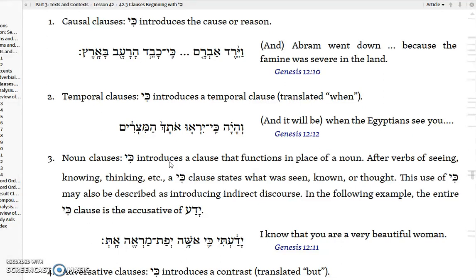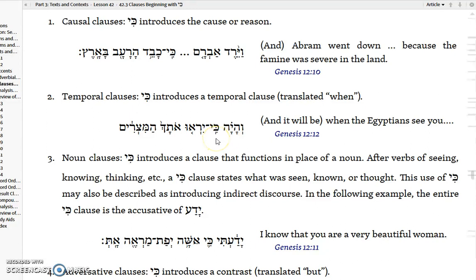But then sometimes ki introduces temporal clauses that can then be translated when. So in Genesis 12:12, Vayahi ki yeru otach ha-mitzrim, and it will come to pass, Vayhaya.